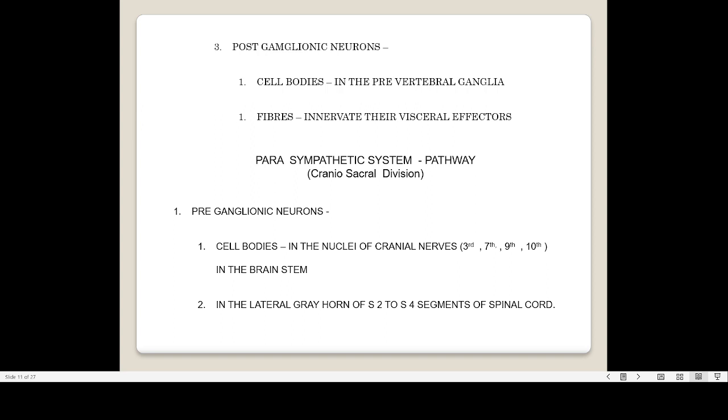Similarly, they are in the lateral gray column of the S2 to S4 segments of the spinal cord, in the sacral region. That is why it is called the craniosacral division.